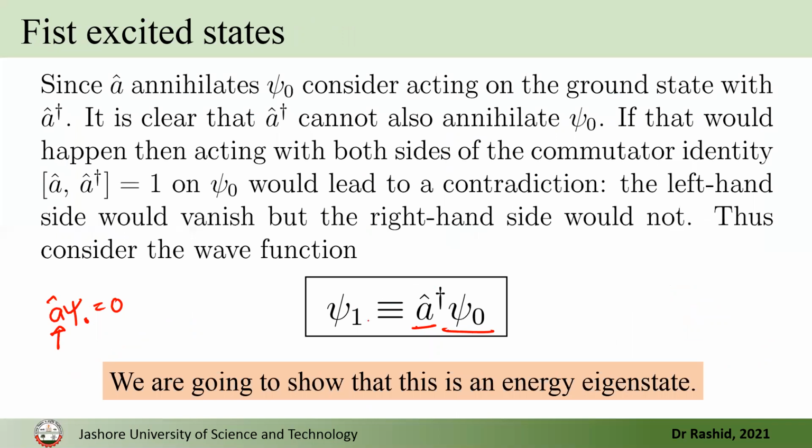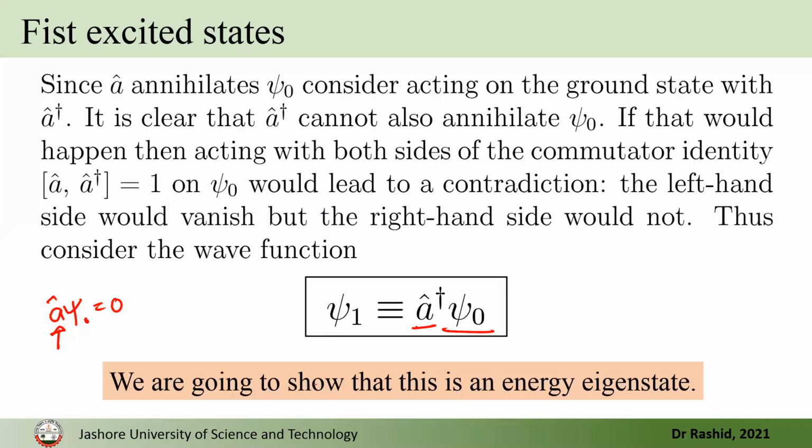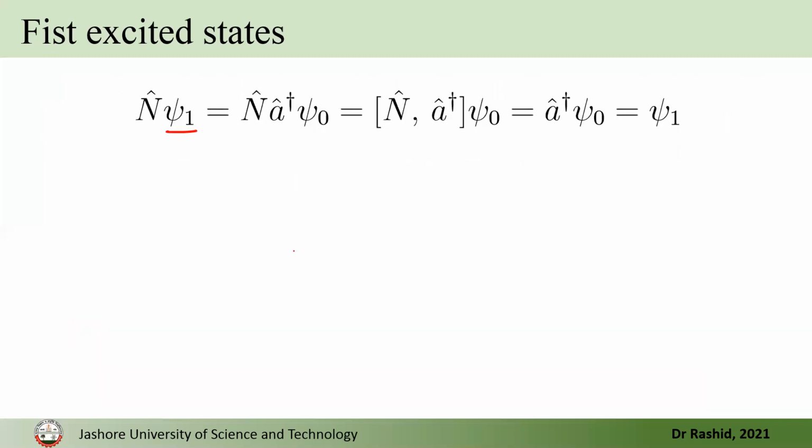This is our assumption, and we are going to show that this will be the energy eigenstate, and from that we will be able to calculate the energy eigenvalue. Let's move on. Now let's see what the number operator gives when it operates on the assumed first excited state. We have just defined psi 1 as the rising operator acting on psi 0.